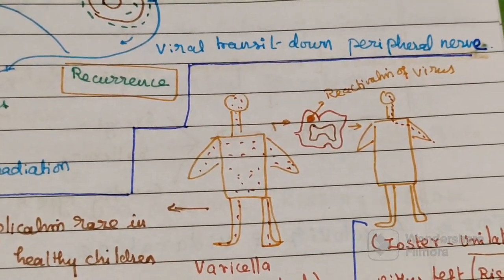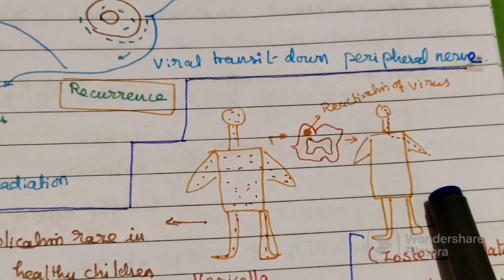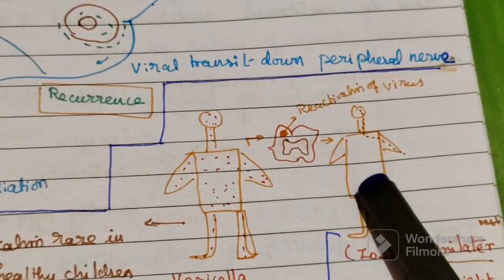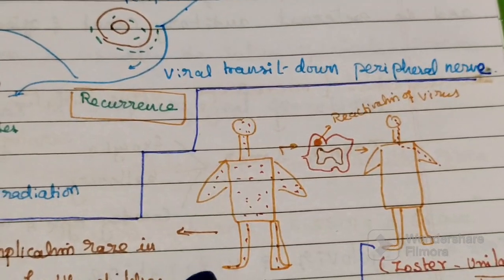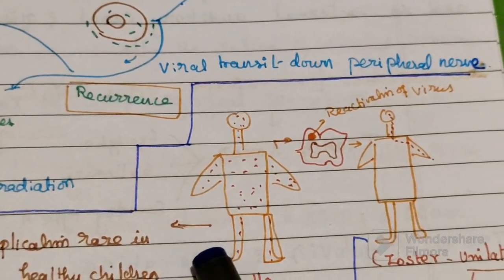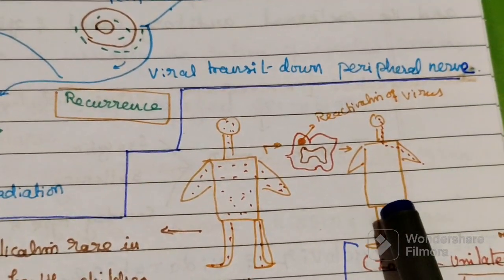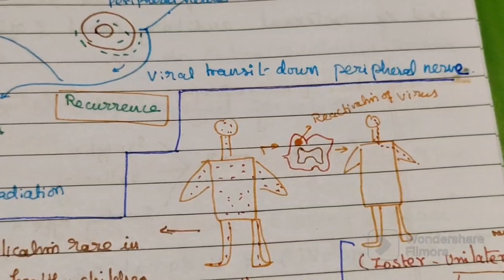Zoster: unilateral, either the left arm or right arm, never crossing the midline. This one never crosses the midline.